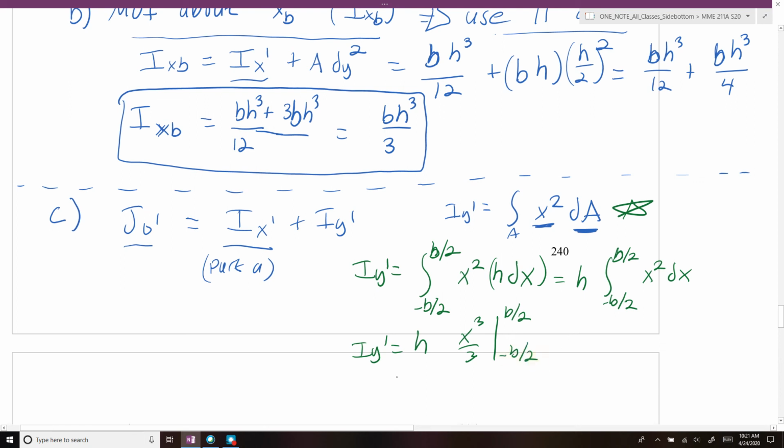What we end up getting after we evaluate all that is h b cubed over 12. So our polar moment of inertia about the centroid in this case would just be equal to Ix prime, which was the base times the height cubed divided by 12, plus Iy prime, which we just solved for, which is equal to the height times the base cubed divided by 12.